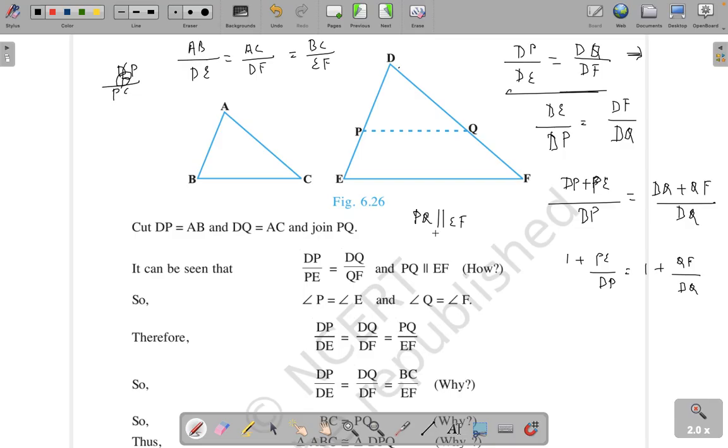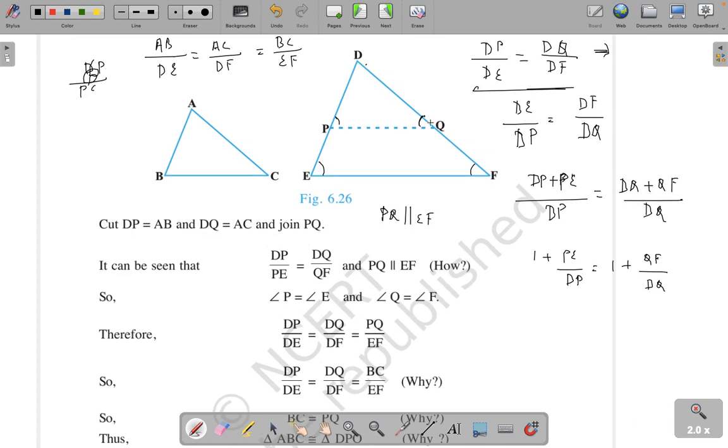Any doubt? No, sir. From this, you can say angle P is equal to angle E, and angle Q is equal to angle F. Now we just need to prove that ABC and DPQ are the same triangles.